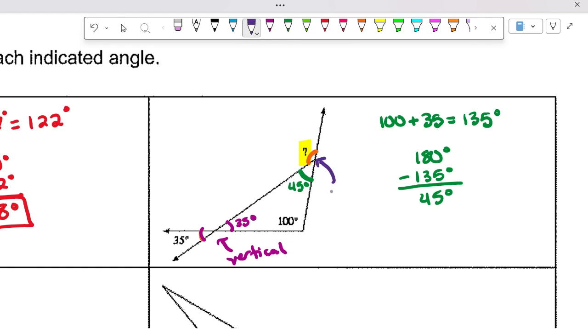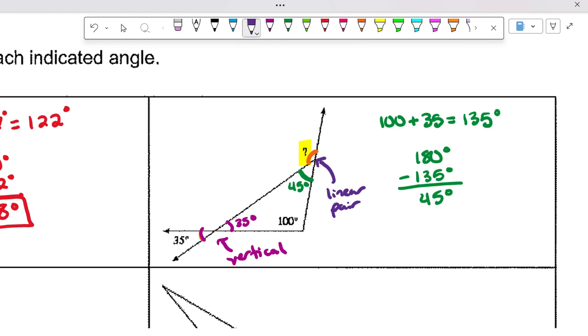So this set right here is a linear pair, meaning they're supplementary. So how do I find what the orange angle is? Subtract what? So they're supplementary. What does that mean? Supplementary means what? They add to 180.